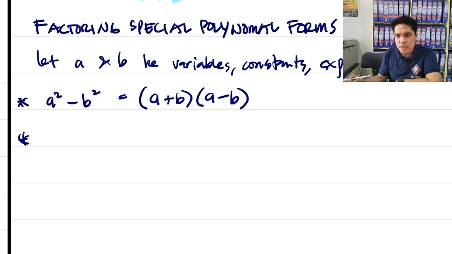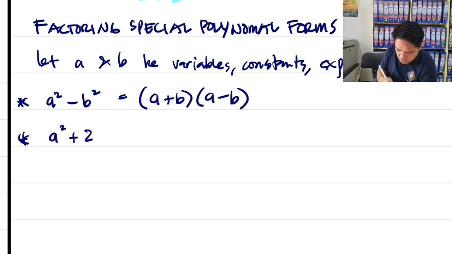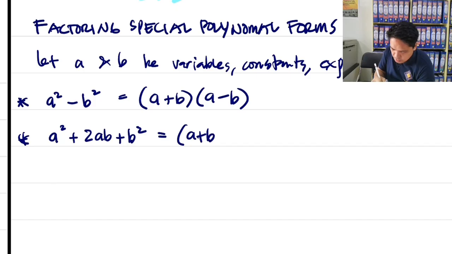Next is the square of a binomial. So if we have a squared plus 2ab plus b squared, the factor of this is a plus b squared, or a plus b times a plus b. Okay?